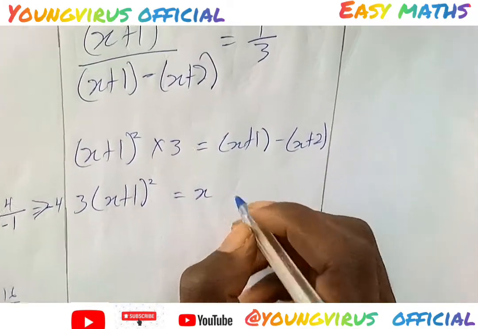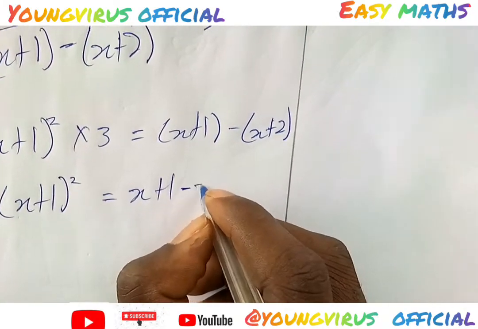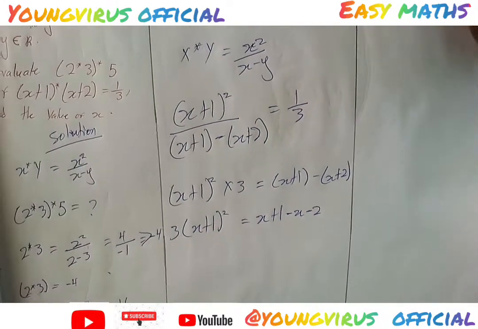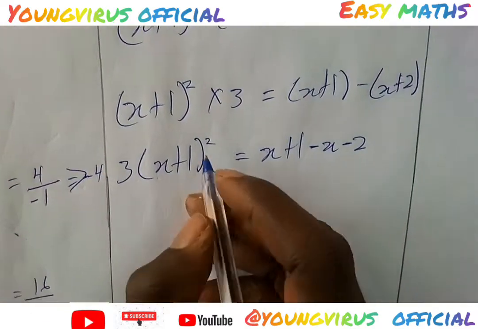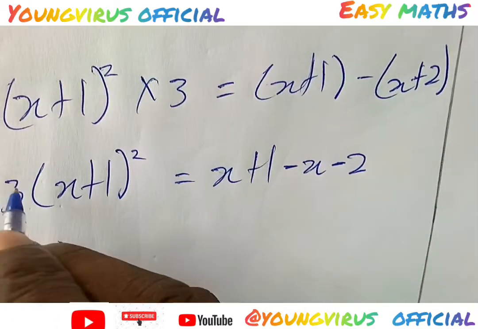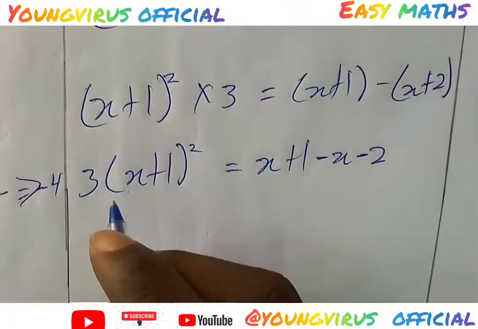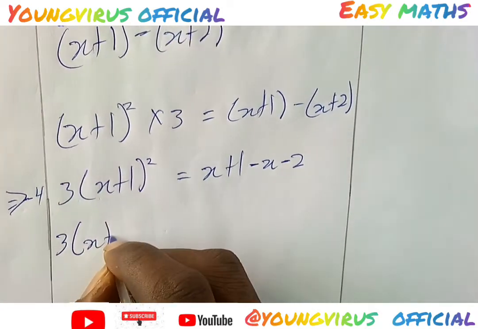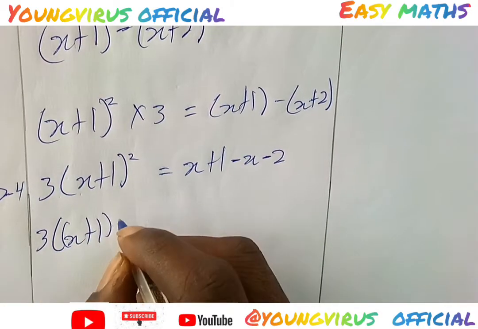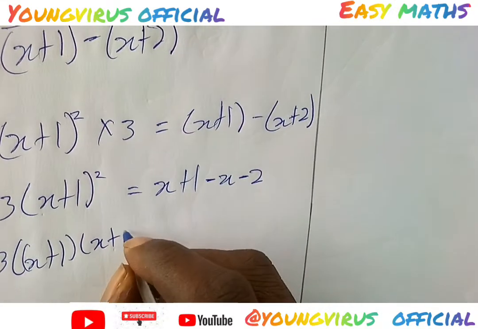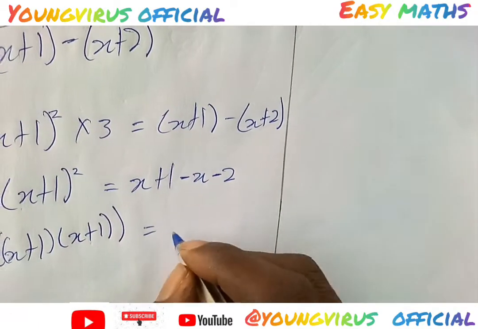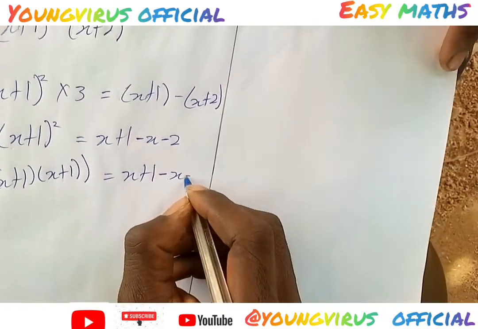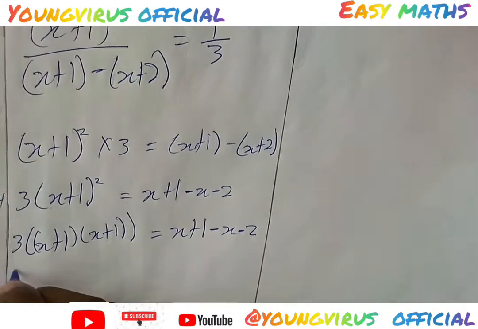This will basically give us x plus 1 minus x minus 2, expanding the brackets. The negative will definitely affect the 2, making the 2 also negative. Continuing, because this power will affect only this, not this, because it's not a bigger bracket here. So affecting only this, we'll be having 3 here, (x plus 1)(x plus 1), then the bigger bracket is equal to x plus 1 minus x minus 2.